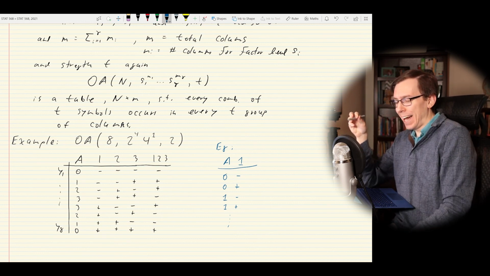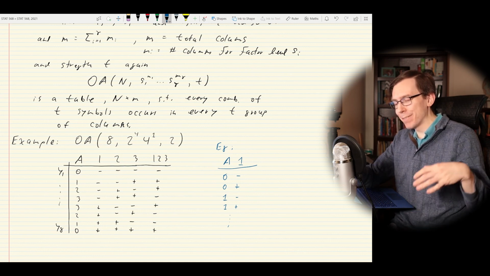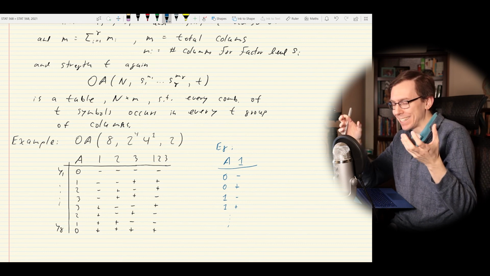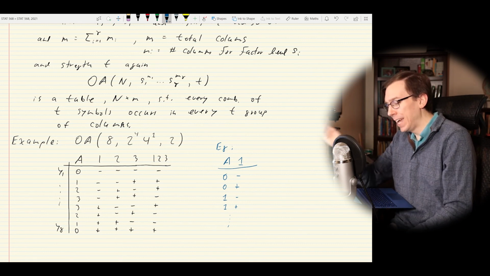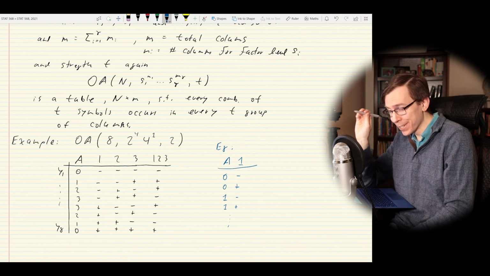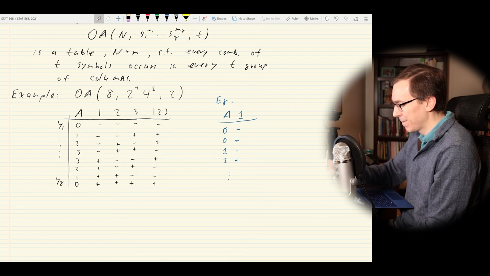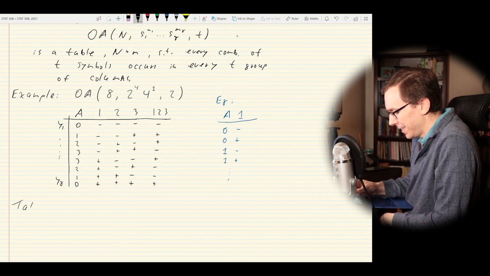So my observations 1 through 8 are going to have one of all possible combinations tested between A and factor 1, A and factor 2, A and factor 3. And note that I only have 8 observations here. So here's the takeaway for this example.